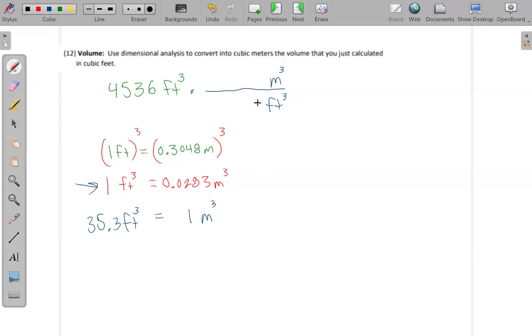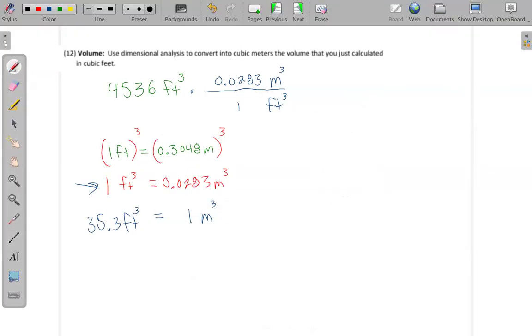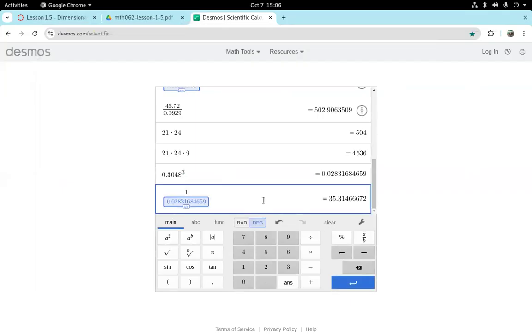So up here, 1 cubic foot is 0.0283. And this one, I'm going to double check I wrote that correctly. 0.0283. Yeah, looks right. And so this tells me that to get rid of feet cubed, I'm going to do that multiplication here, and that'll give me meters cubed. So let's try that.